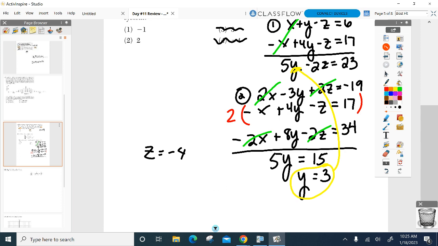And are we getting x equals -1? So the only value that wasn't part of our solution was 2.